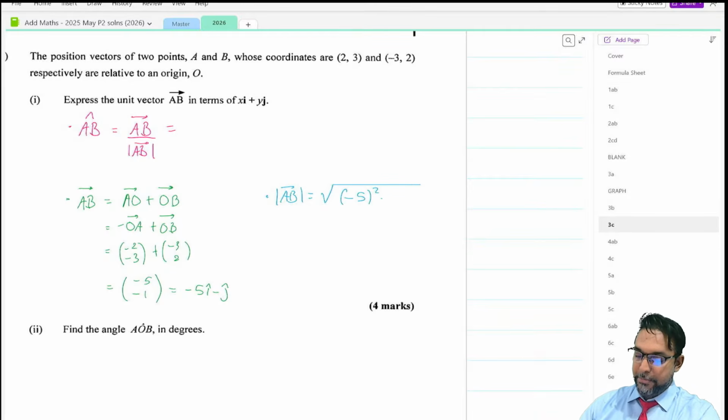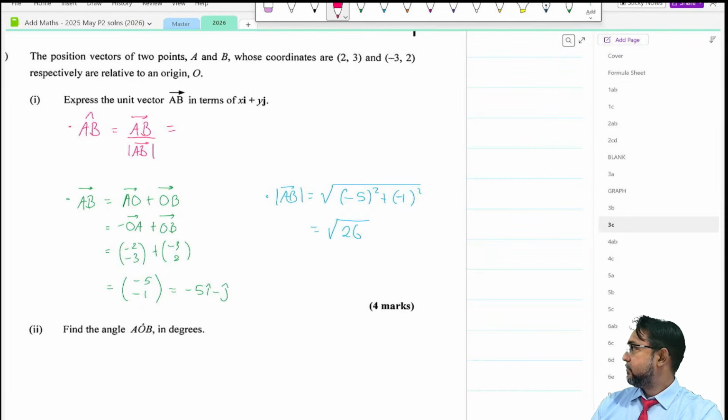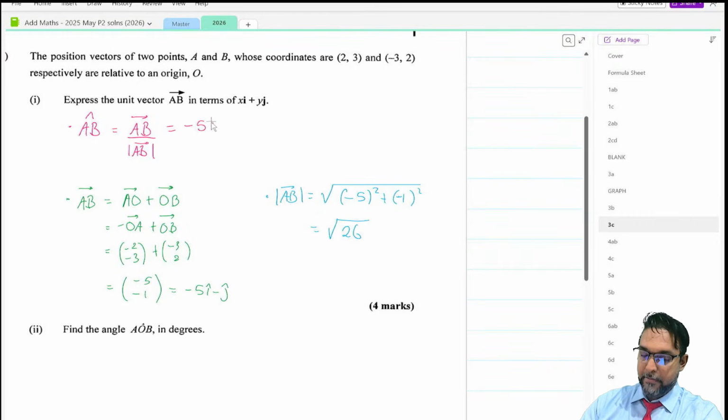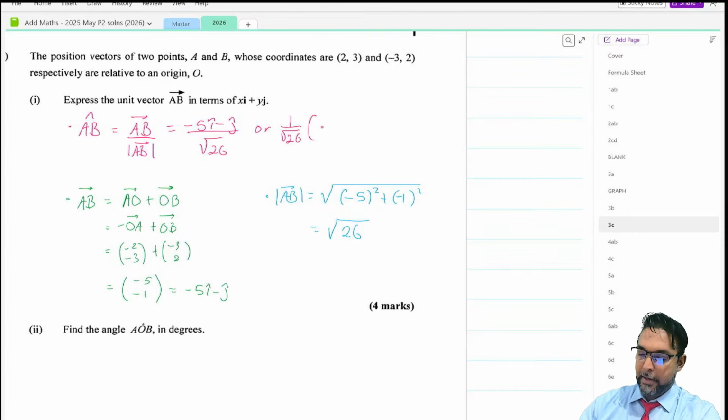Right, so the magnitude is basically Pythagoras' theorem using the coefficients. So of course that is the square root of 26. Minus 5 squared is 25, minus 1 squared is just 1. 25 and 1 is 26. Right, so minus 5i minus j all over root 26. Or, if you prefer, you could do 1 over root 26 by... No, they wanted it in terms of xi plus yj.